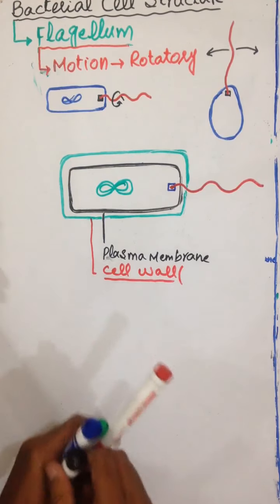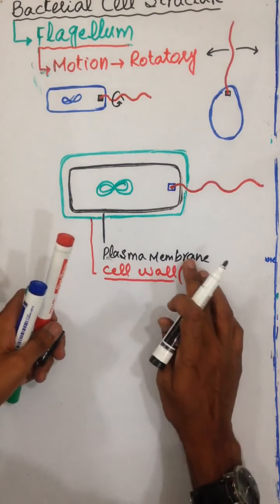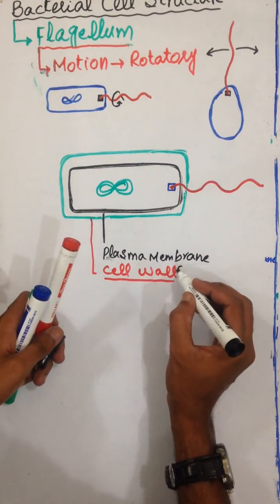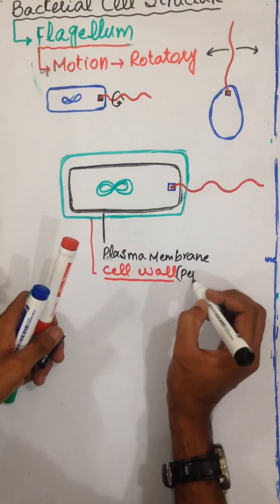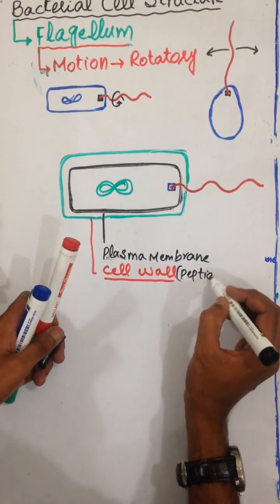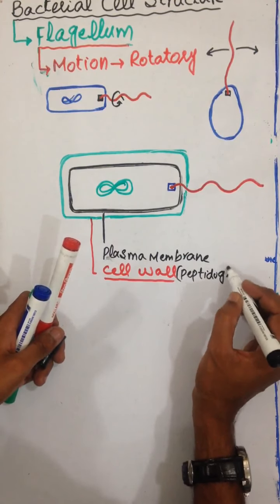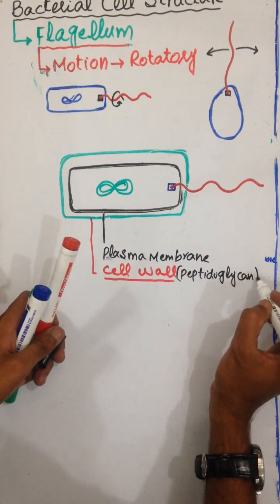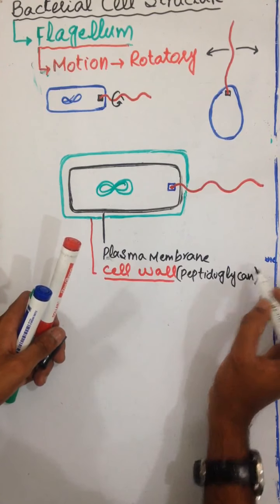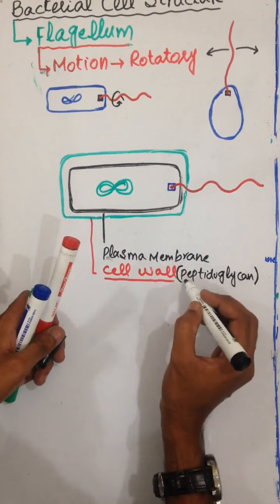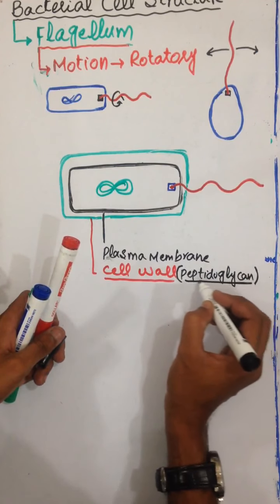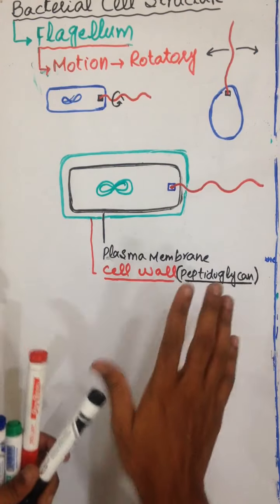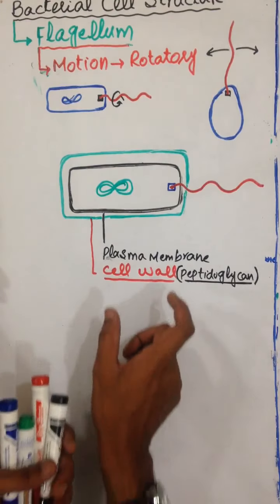If you see the composition of the bacterial cell wall, it is composed of peptidoglycan. We will discuss this component in great detail. For now, you can say this is a peptidoglycan layer which acts as a cell wall.